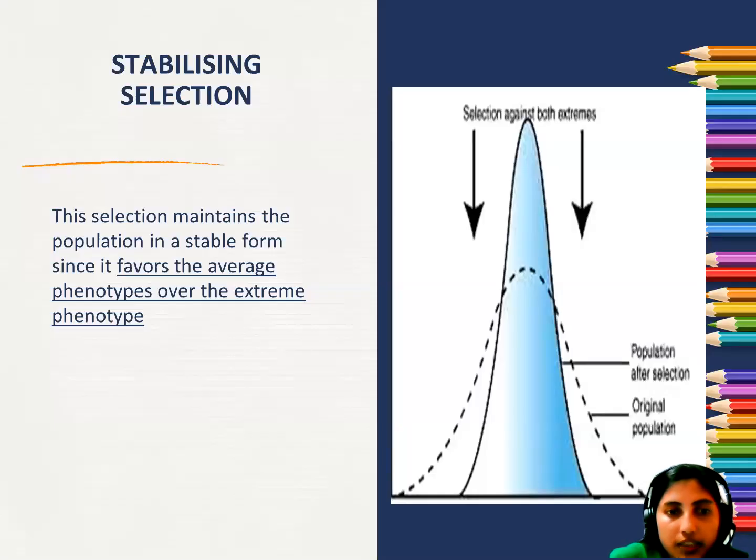First one is stabilizing selection. This type of selection maintains the population in a stable form. That means it is going to favor both the average phenotypes over the extreme phenotype. So that's how the stabilizing selection graph will look like.